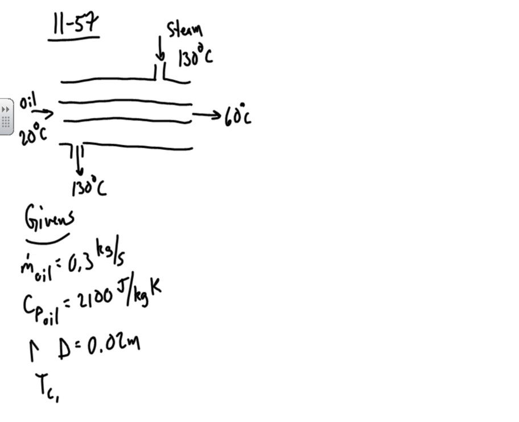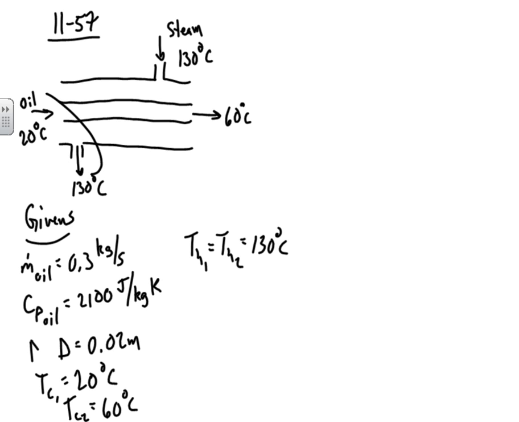T cold 1, 20 degrees C. T cold 2, the oil comes out at 60 degrees C. Then we know that T hot 1 is equal to T hot 2, and that's 130 degrees C. Right? So these two temperatures here we're going to call 1, and these two temperatures here are 2.